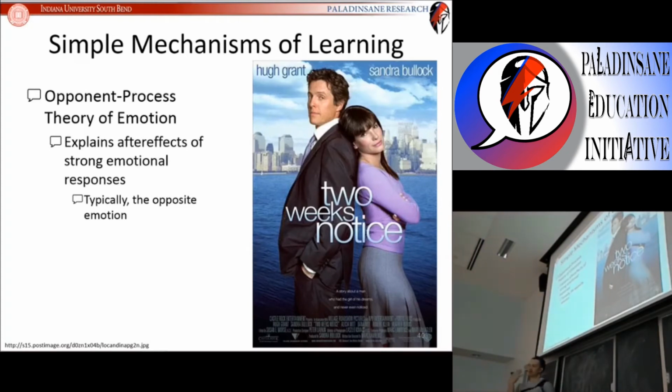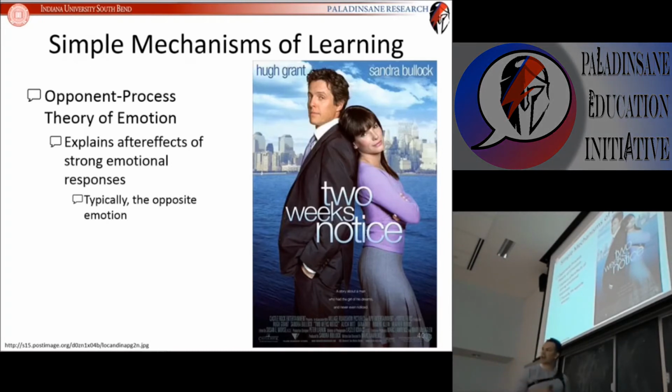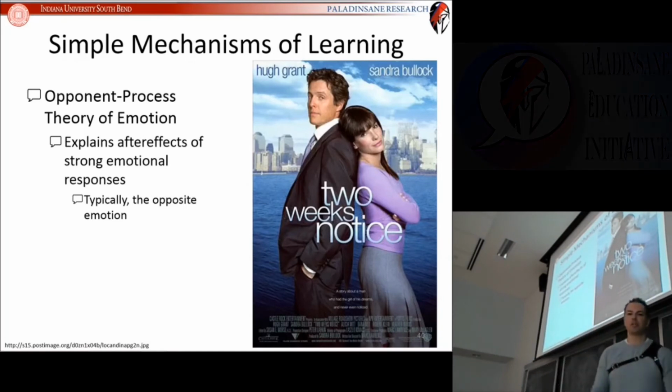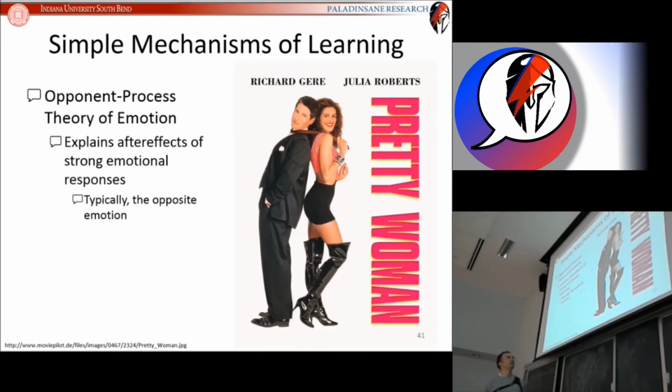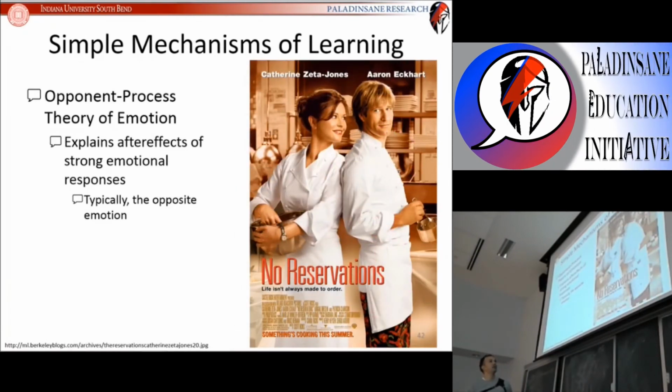They're going to bicker, they're going to fight. They're not going to get along at some point. And if you start taking a look at a lot of these romantic comedy posters, you'll see that many of them communicate this idea using this back-to-back structure.